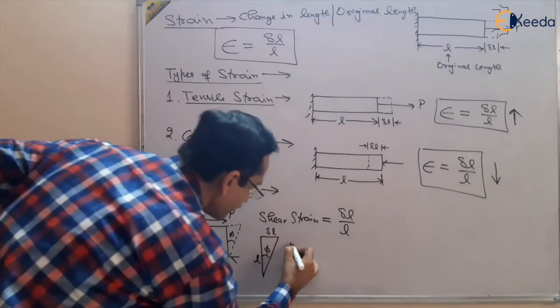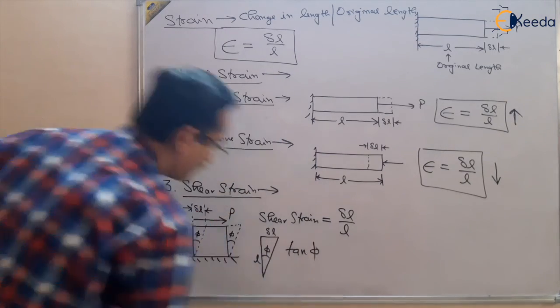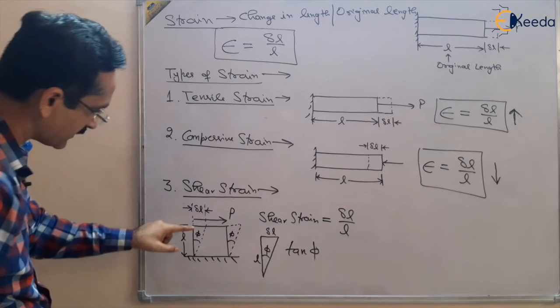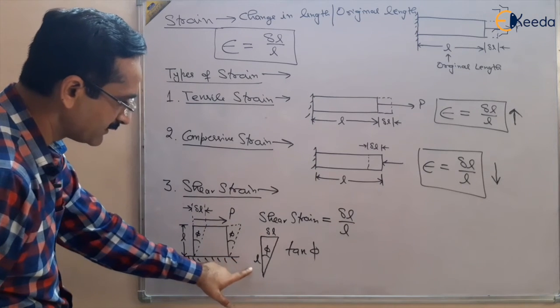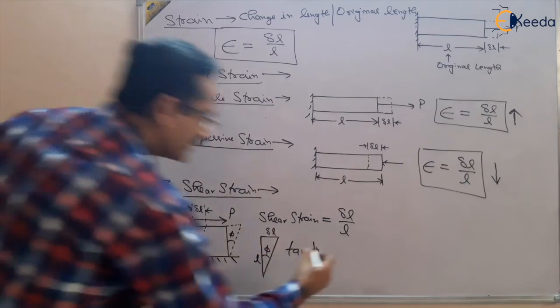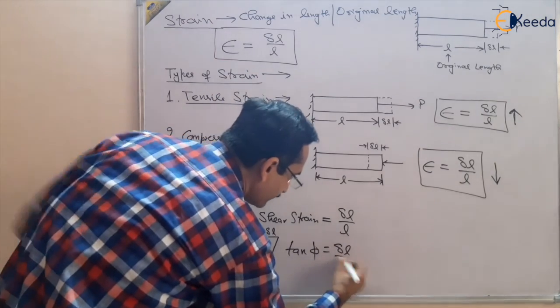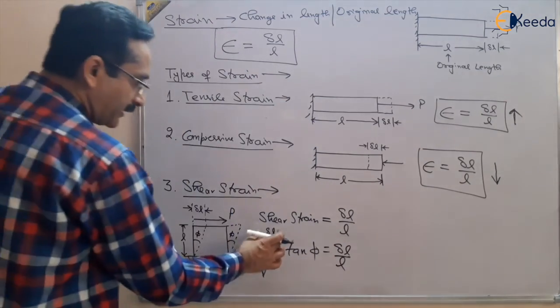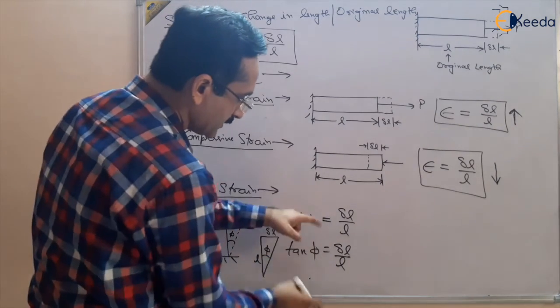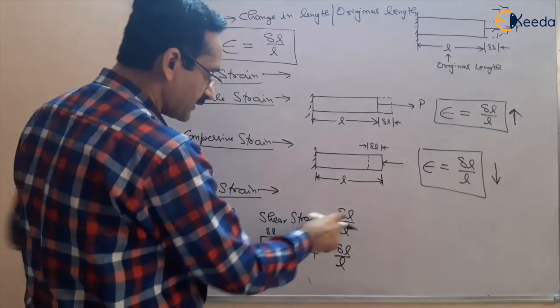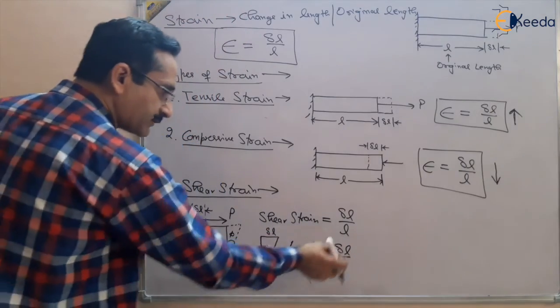What is tan phi? In this triangle, the change in length is delta L, length is L. Tan phi is also equal to delta L upon L, perpendicular upon base. So these two things are the same. Shear strain is delta L upon L, tan phi is also delta L by L.